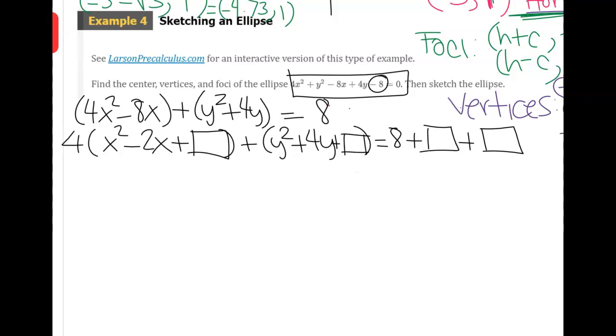Okay, so what goes in that box? Well, we're going to take half of negative 2, which is negative 1, and square it. And then we're going to take half of 4, which is 2, and then we're going to square it. Okay, so the same numbers that we're adding there, we're going to add them to the other side because we want to keep our equation balanced.